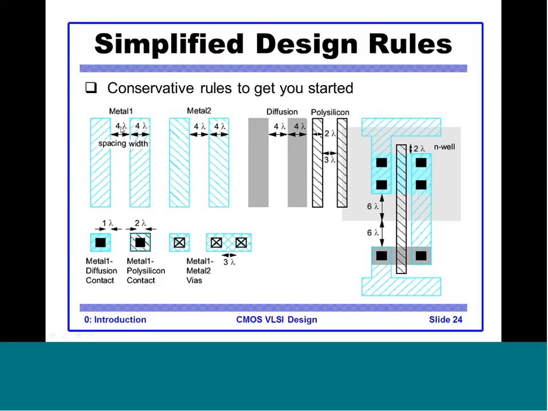So the material is the same, the only thing that can differ is the width. One of the design rules can be that the spacing between two metals should be at least 4 lambda, and the width should be at least 4 lambda. These are nothing but examples of design rules which are normalized on the basis of feature size or lambda.